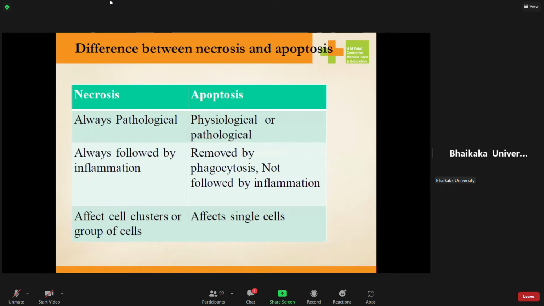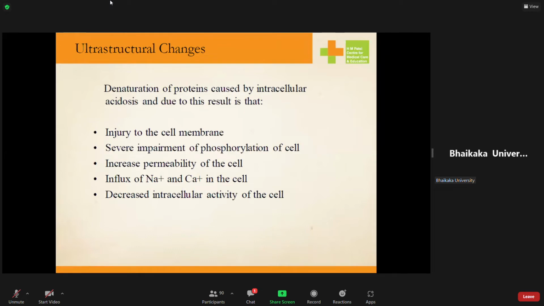Now we will see the ultrastructural changes which are seen in case of necrosis. These ultrastructural changes are seen due to the denaturation of protein which is caused by intracellular acidosis, and it leads to injury to the cell membrane, severe impairment of phosphorylation of the cell, increased permeability of the cell, influx of sodium and calcium ions within the cell, and decreased intracellular activity of the cell.